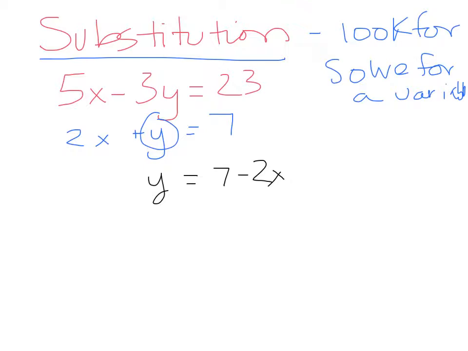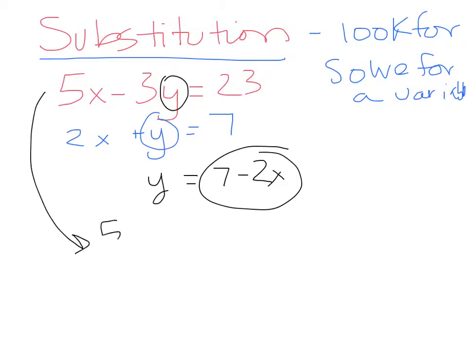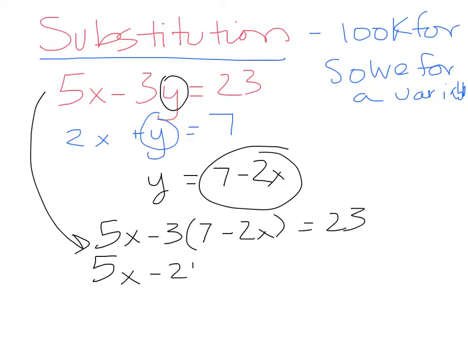Okay, so now I've solved for y, and I'm going to take this expression for y and put it into the first equation instead of y itself. So this first equation becomes 5x minus 3 times, always use your parentheses when making substitutions, 7 minus 2x is equal to 23, and of course I can solve that fairly straightforward.